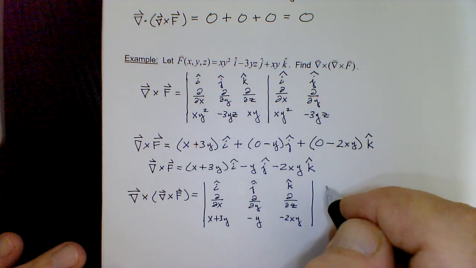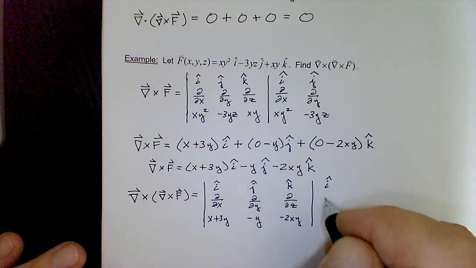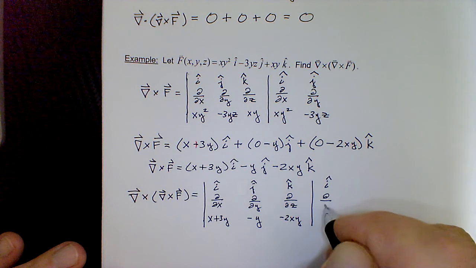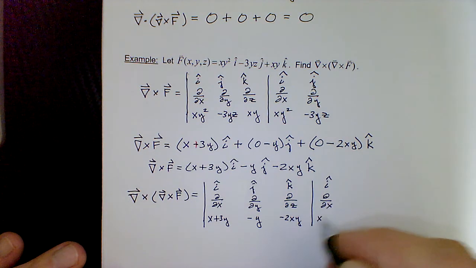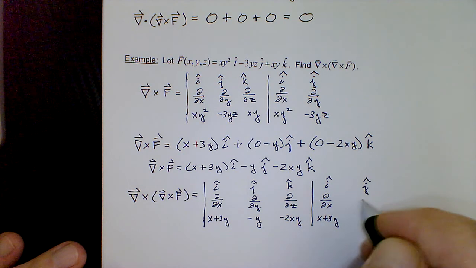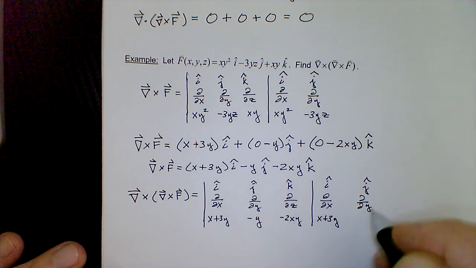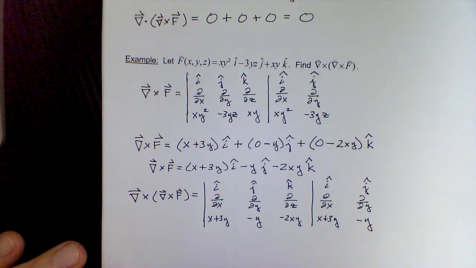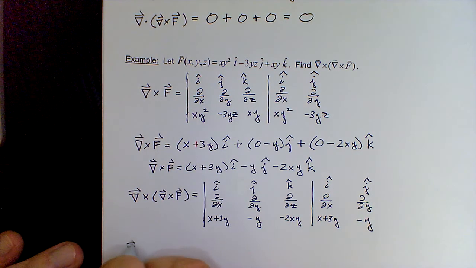So then again, recopy first two columns, i, partial with respect to x plus 3y, j, partial with respect to y, and negative y. And now we find that cross product.